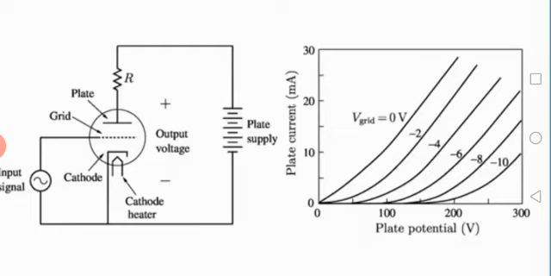When the grid potential is -4, it is different. And you can see the decrement in the current. The decrement in the current is due to the grid potential, because some of the electrons get repelled by the negative potential of the grid, and by this we can control the amount of current.